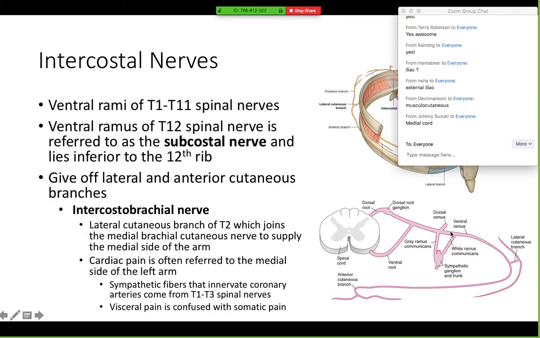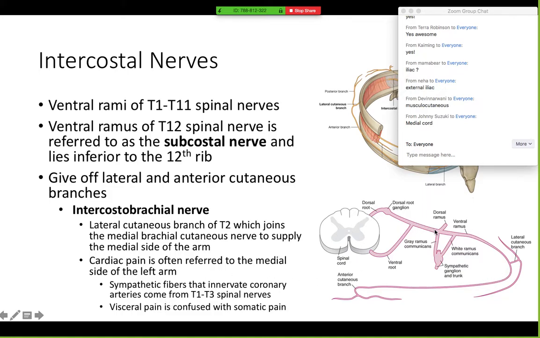And then remember, they go through the white rami communicans to reach the sympathetic chain ganglia. They synapse there and exit as postganglionic sympathetics through the gray rami communicans. And now they're traveling out towards the body wall.